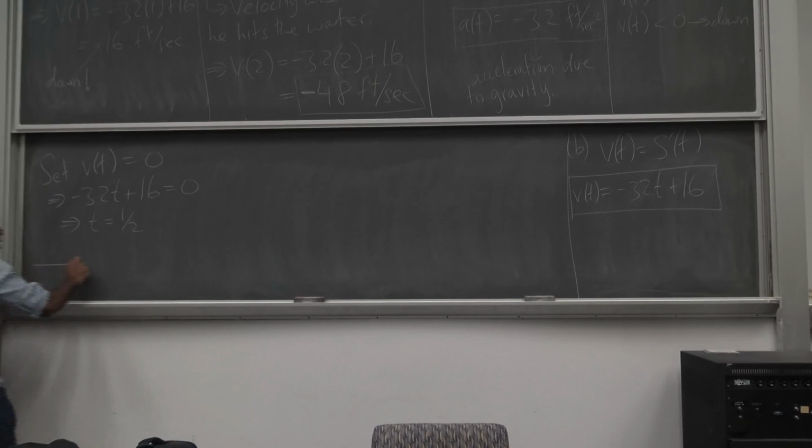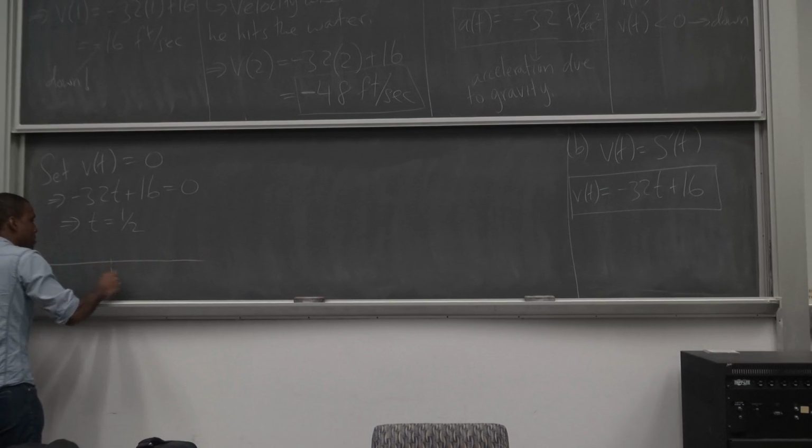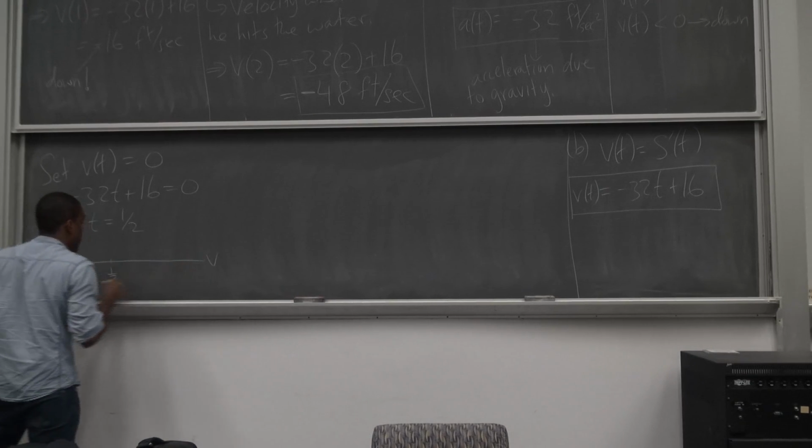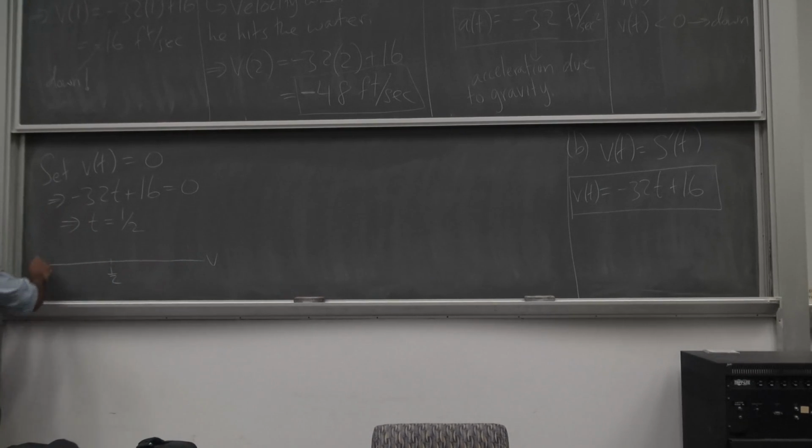So now what we do is we test at a half a second into the velocity. So you plug in a number over here. Of course, for our purposes, we will think of 0 as being something that we can't pass because we don't have negative time. So I'm going to plug in a number that's somewhere between 0 and a half. What's a number that I can put in?